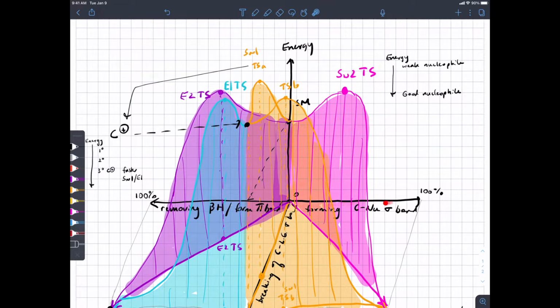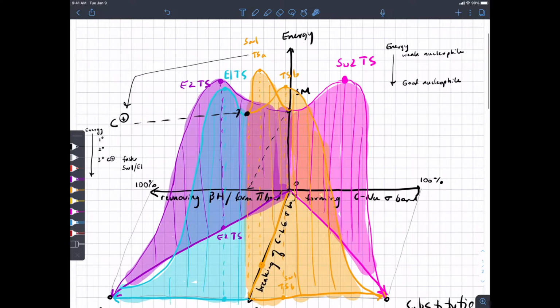If you have a good nucleophile, then it should be easier to go to the right. Okay? And since going to the right initially is the thing that distinguishes SN2 from SN1/E1 and from E2, we're going to see that good nucleophiles promote the SN2 reaction.